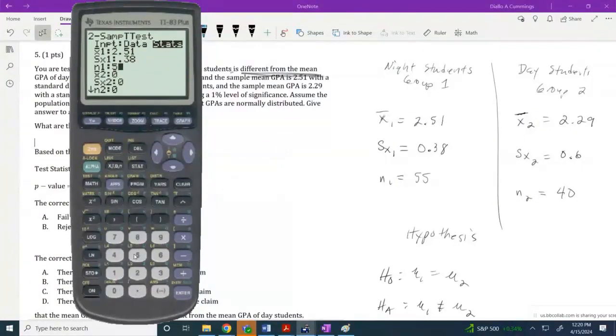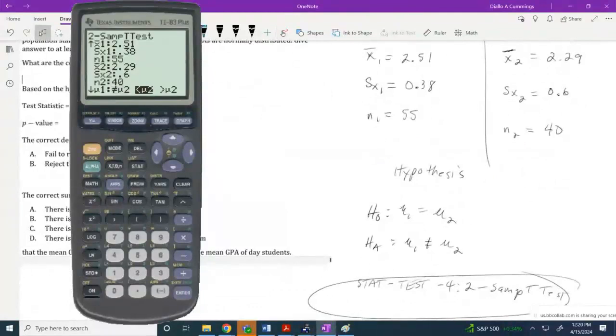There were 55 students in that sample. The sample mean for the day students was 2.29, 0.6 was the standard deviation, and 40 was the sample size.